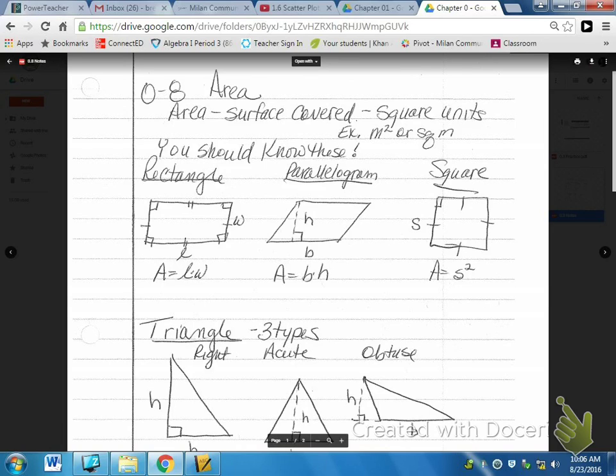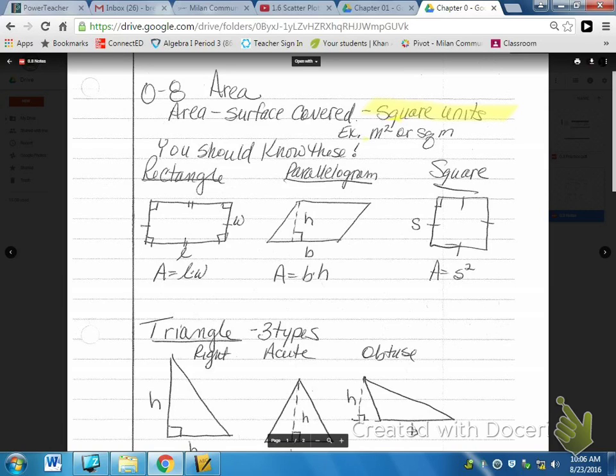Area is always in terms of square units, and you label by putting the unit to the second power, or you write square inches, square meters, whatever, and you could say SQM. Now, here's the thing that I want to make sure nobody ever does.